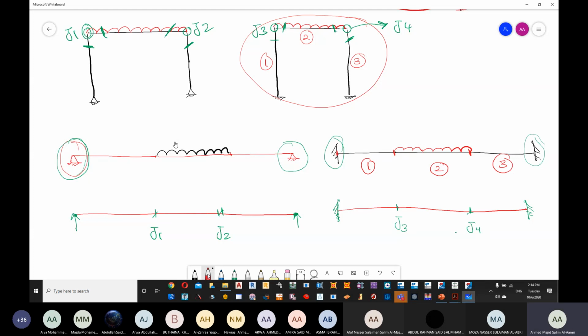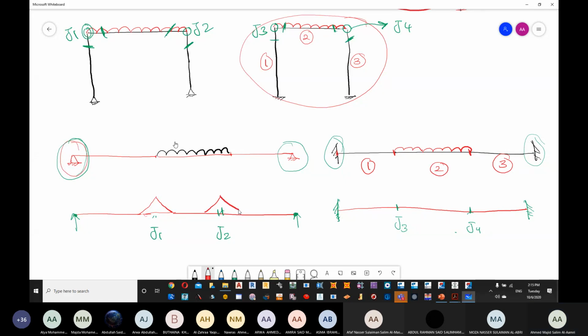Okay, so what I'm going to do is draw a cantilever, as we used to take. Once again, here there is a cantilever.